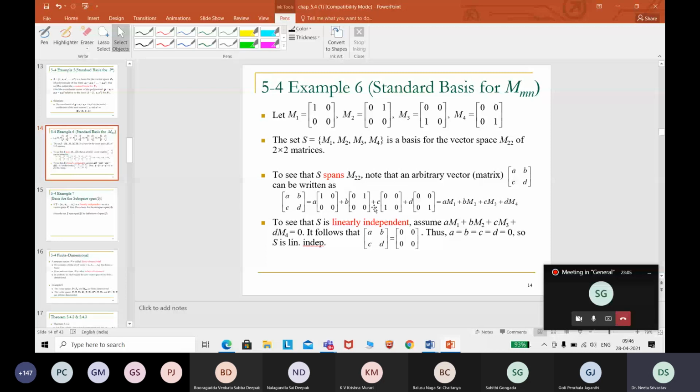Like C1 is A, C2 is B, C3 is C, and C4 is D. So that you can see, correct?